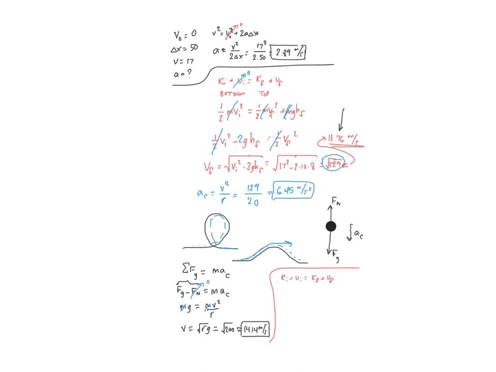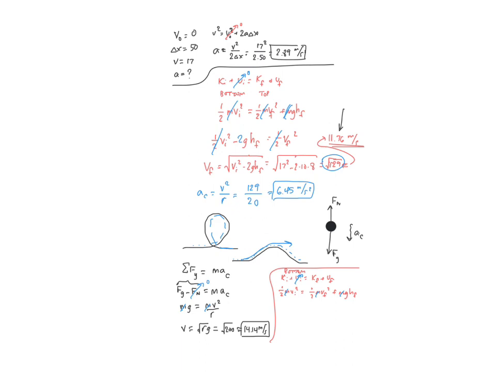So if we look at the bottom of the hill for the initial position, the Ui, the potential energy, is 0. And plugging in the formulas, we have 1/2 m v initial squared is equal to 1/2 m v final squared plus m g h final. All terms have an m in it, so those will cancel out.